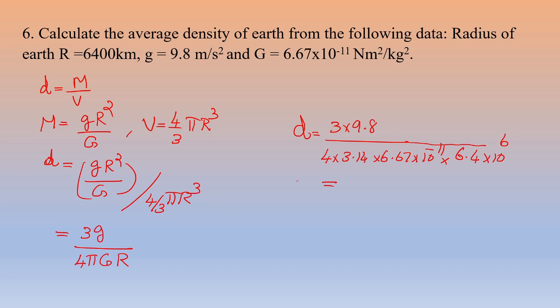So after the calculation, you can find the average value of density is 5483 kilogram per meter cube.